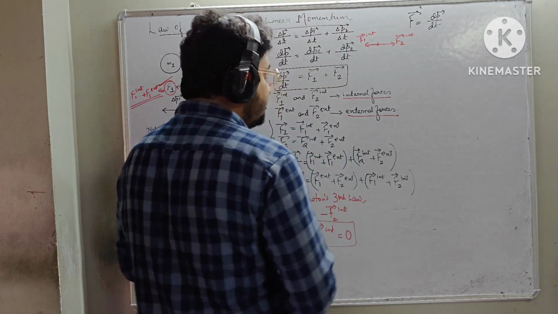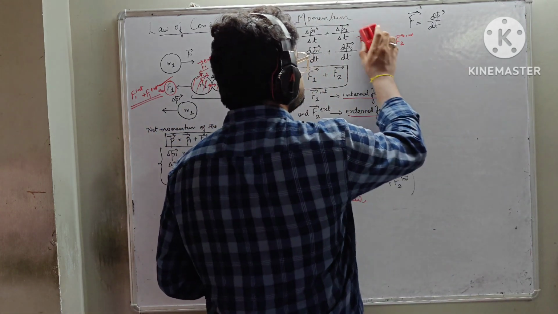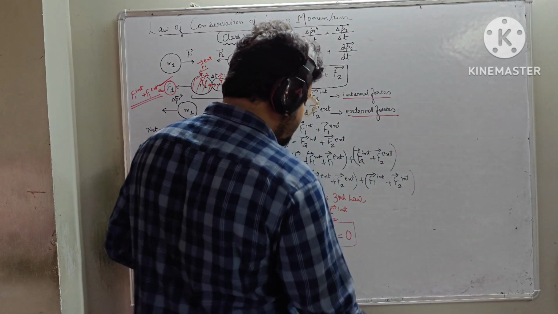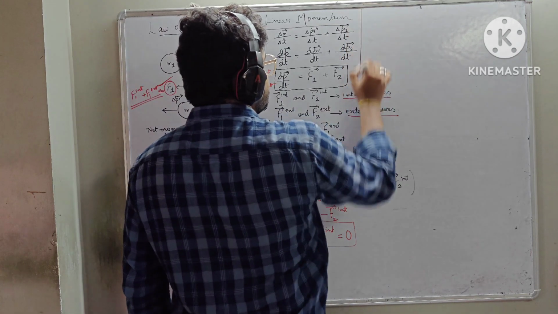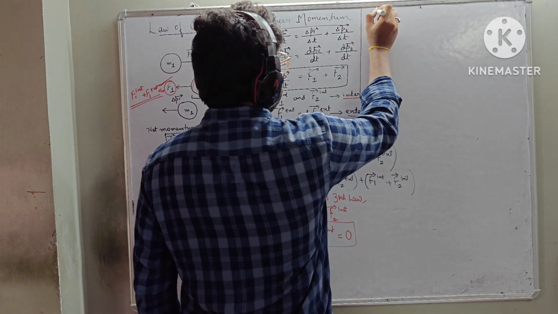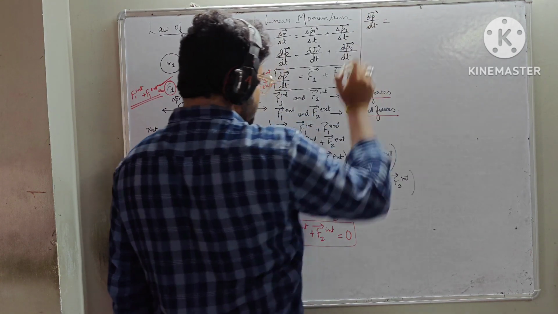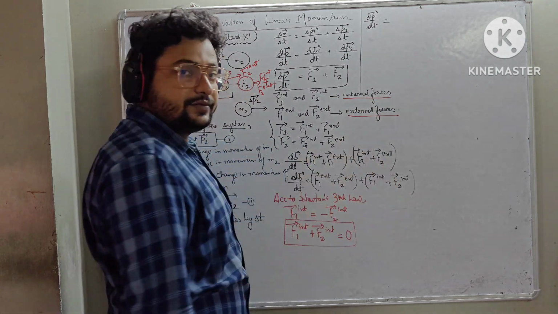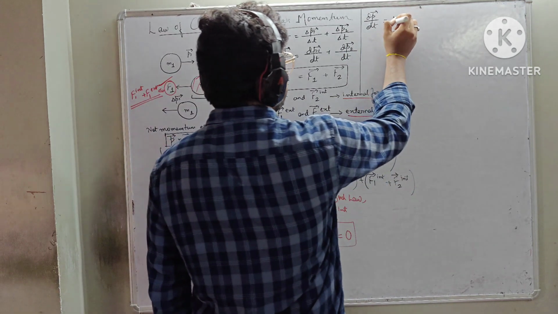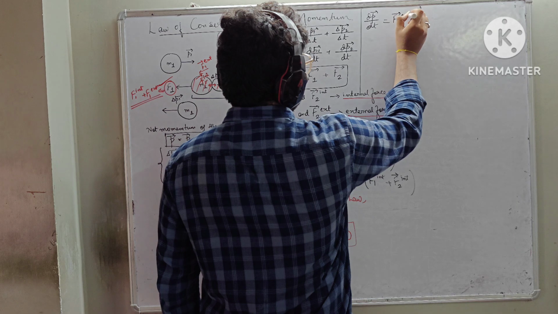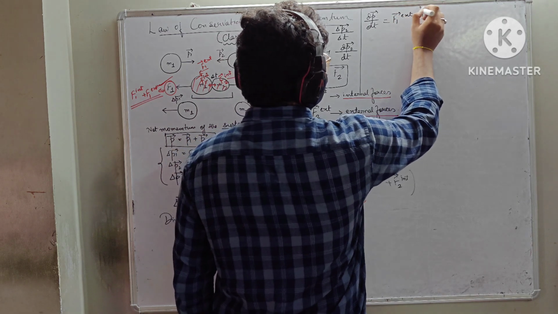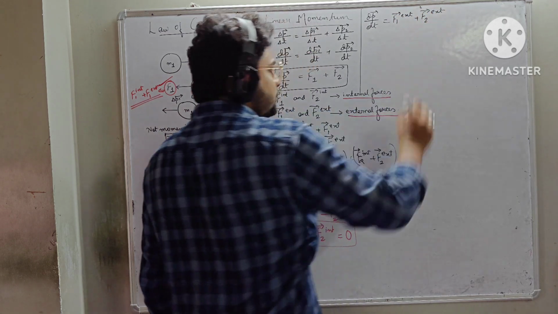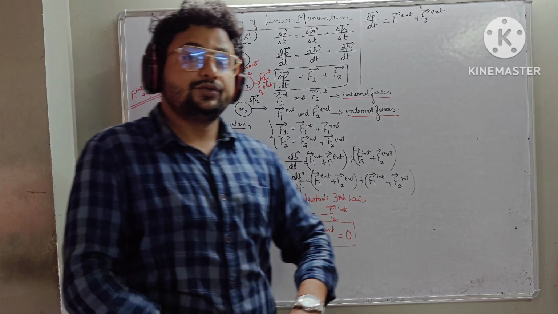So from here I can write dP/dt equals, since this particular thing is giving us 0, F1 external plus F2 external. So we are left with only the external forces.